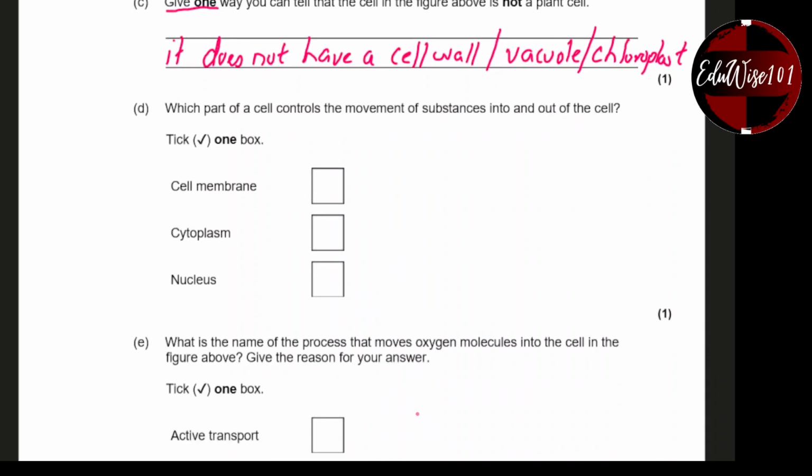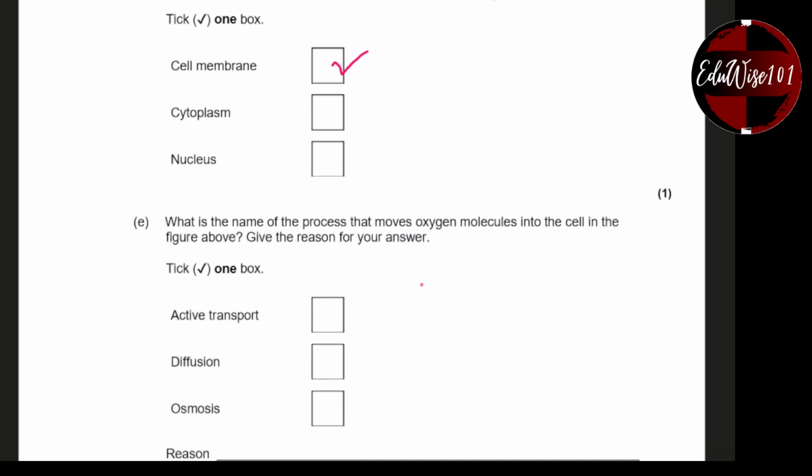Which part of a cell controls the movement of substances into and out of cells? So that would be the cell membrane. What is the name of the process that moves oxygen molecules into the cell in the figure above? Here, it's by diffusion.